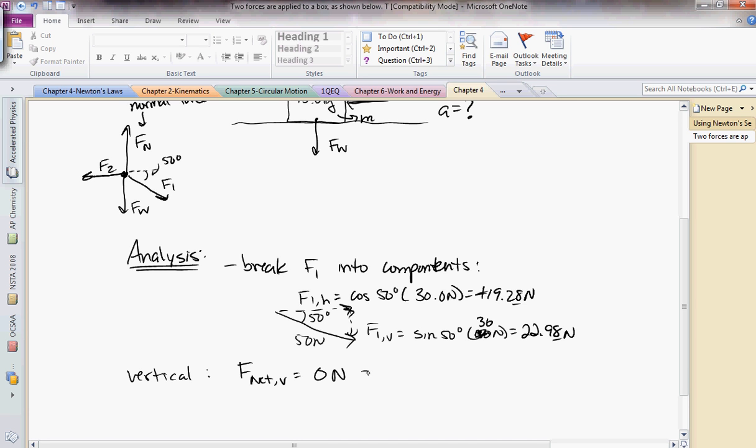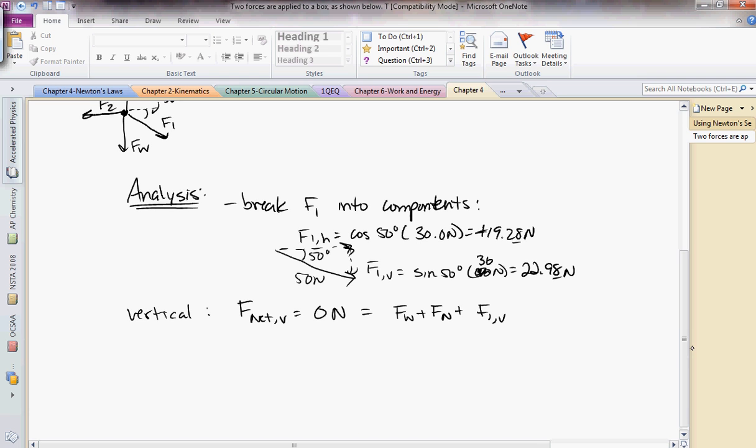So we know that the sum of Fw plus Fn plus F1v has to be equal to 0, and it won't contribute at all towards our acceleration. Later on in the course, we'll deal with problems where we can't say that, where we will have a vertical component to our net force. But in this case, it does simplify the problem for us.